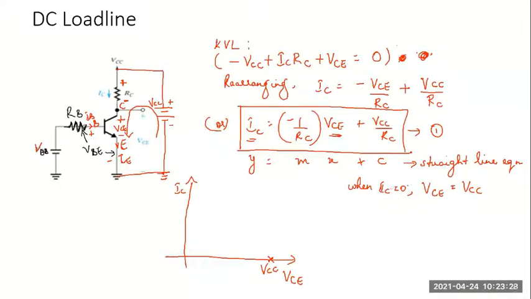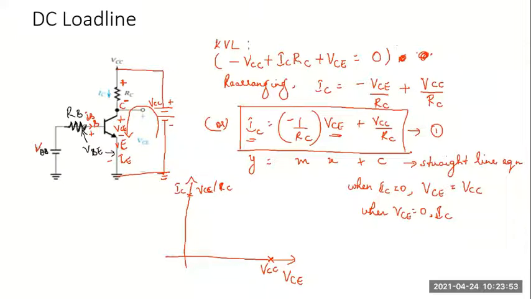I got 1 point on the x-axis. And when I make the x-coordinate value 0, what would be the corresponding value of the y-coordinate? If you make VCE 0, IC would be VCC by RC.